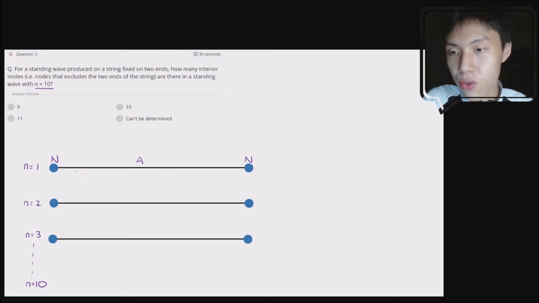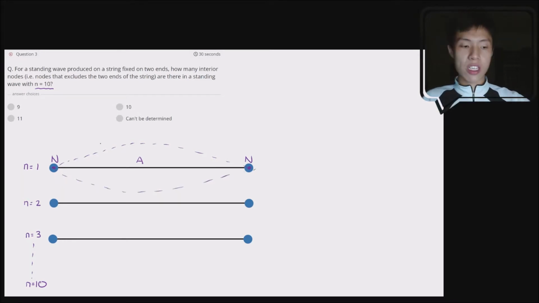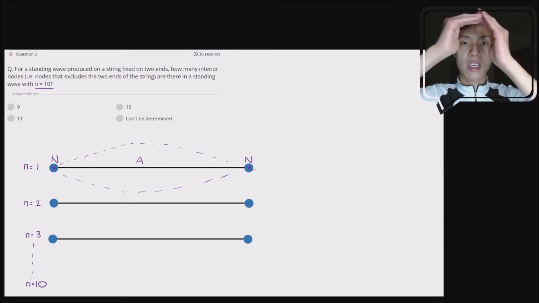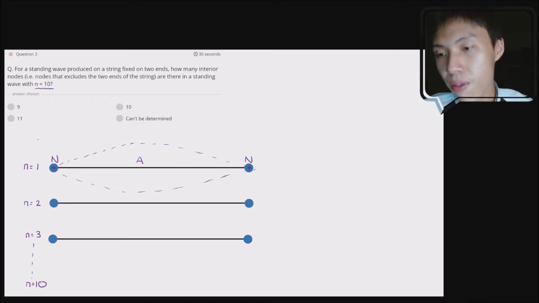The node means the displacement must be 0. This node here means the displacement must be 0, and at the antinode, you know that the displacement will be maximum. So you should expect the string to look like this. This is the fundamental frequency or the first harmonic.